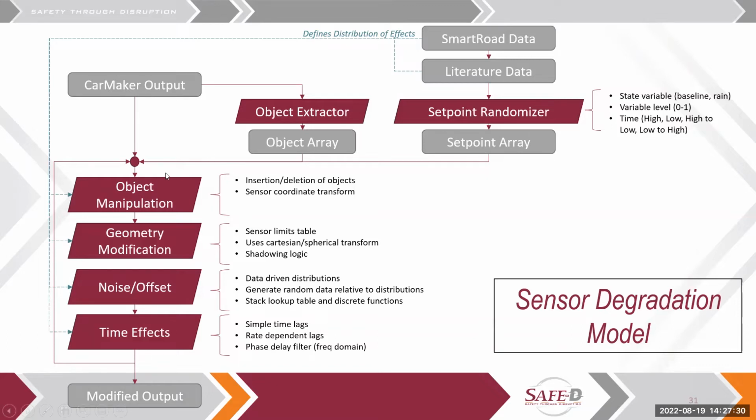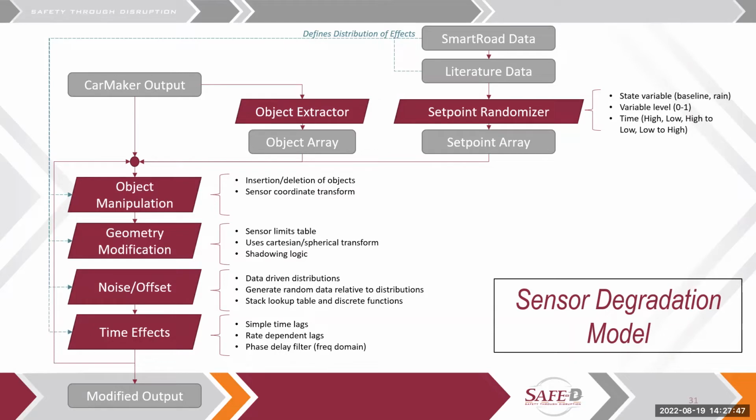And then all of that gets integrated into the manipulation stack here. So we start off with object manipulation, where we can either delete or insert objects. We can modify the geometry.